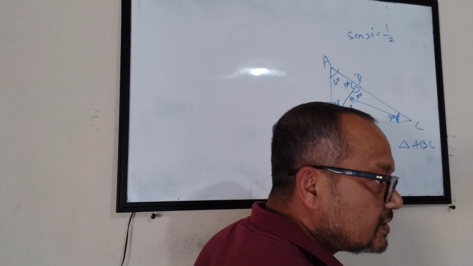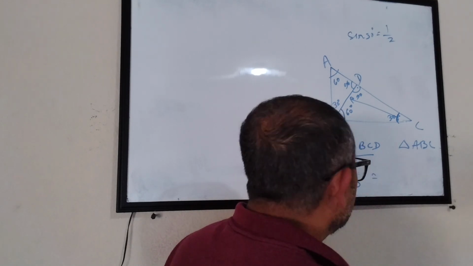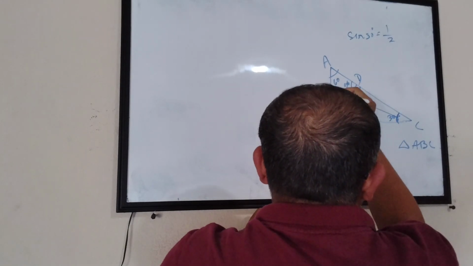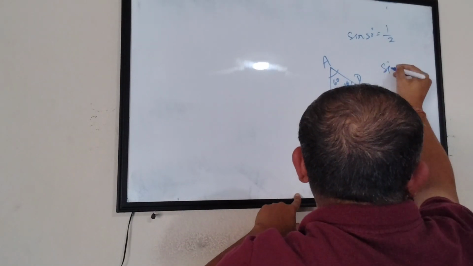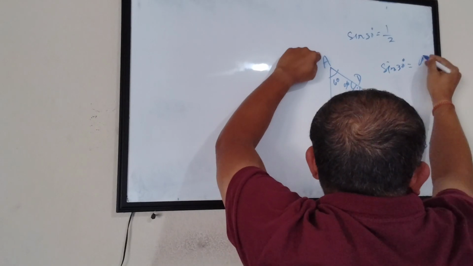For the smaller triangle, are you trying to find sine? Yeah, I'm trying to find this. For the larger triangle, I'm trying to find out the ratio, see, sine 30 degree, which will be AB divided by AC.